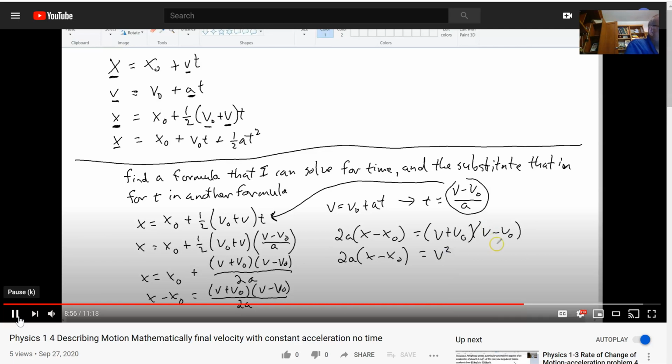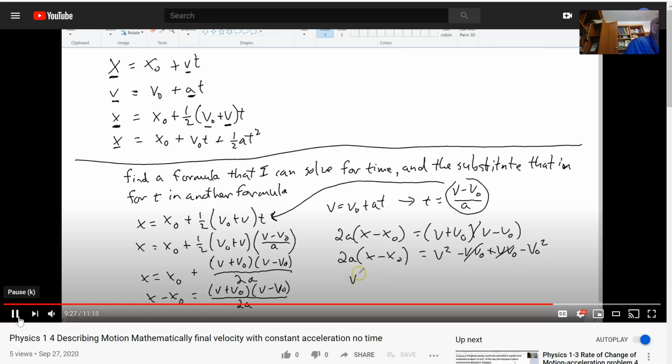So I'm going to end up with 2a times x minus x0 equals v squared minus v v0 plus v v0 minus v0 squared. Okay, that's going to drop out. So I end up with v squared minus v0 squared. And I'm going to add the v0 squared to the other side of the equation.